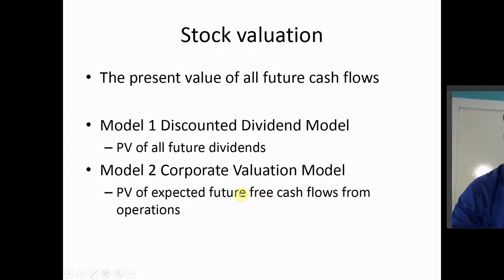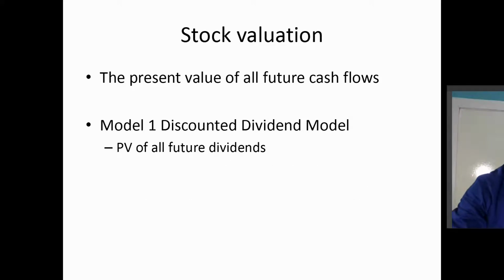So we should really look at the free cash flows inside the company instead of the dividend paying out. That's a different system to get the stock price. It's called the present value of expected future free cash flows from operations. And I prefer to leave this model to chapter 12 when we are working on the cash flow estimations. So for the time being, in chapter 9, we only focus on model 1.